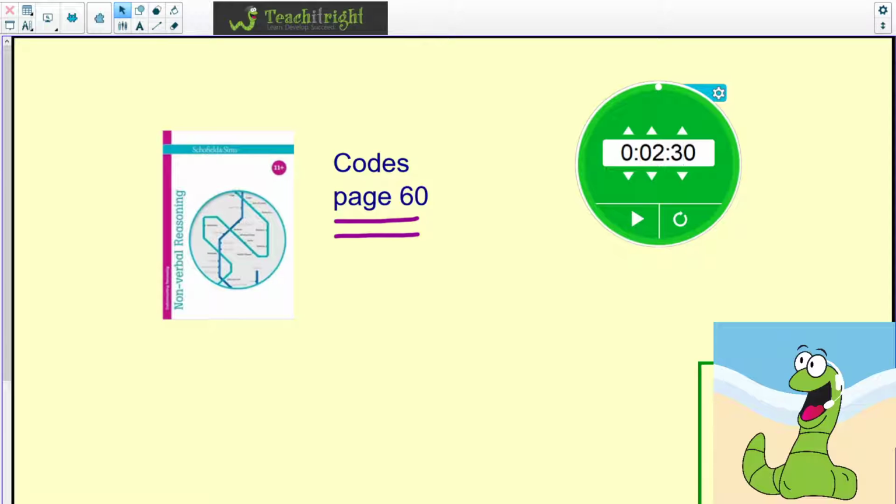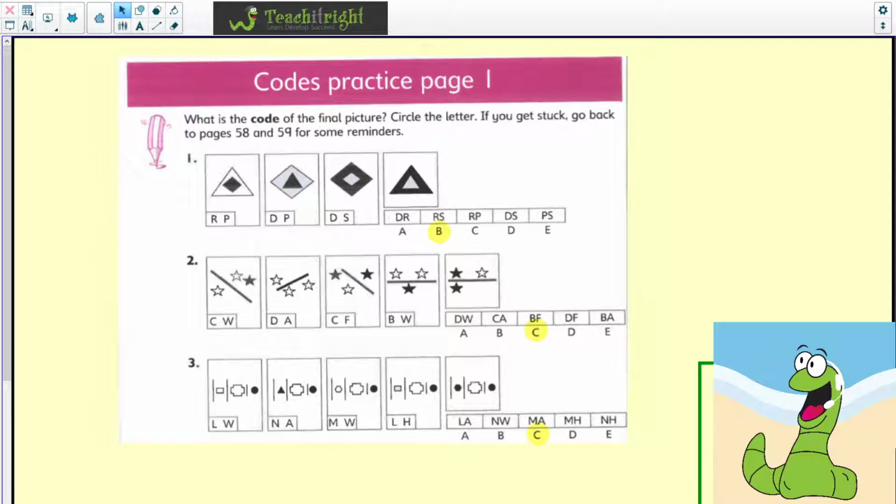Right, let's have a little look at those answers. And let's just quickly go down through and see if we can work out what was happening. So the answer is RS. So if we look first of all at the two Ds, why are the two Ds similar? Well, it's still to do with the outside shape. We're looking at the R, so we're going to have a triangular bit on the outside. And then the second letter, we're looking at the shading, I think, of the inside shape.